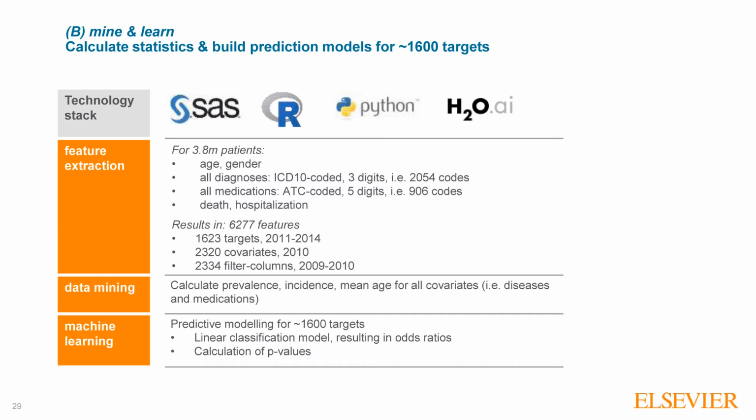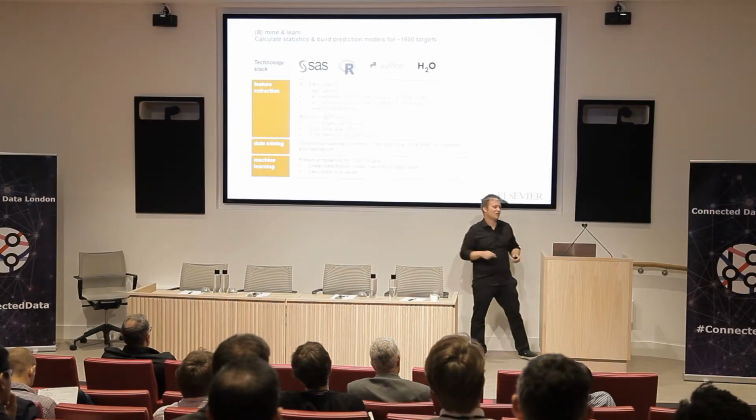The model we ended up using is what's called a generalized linear model. The reason we build all these individual models is to provide the relationships in our knowledge graph.